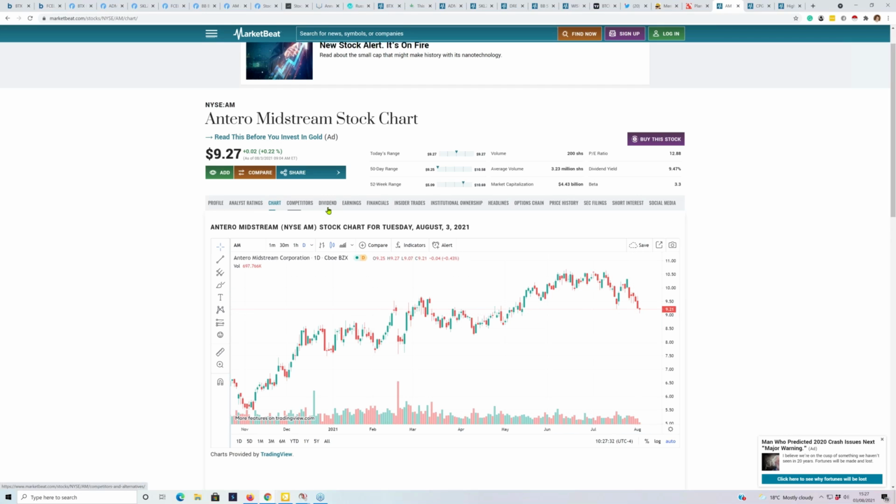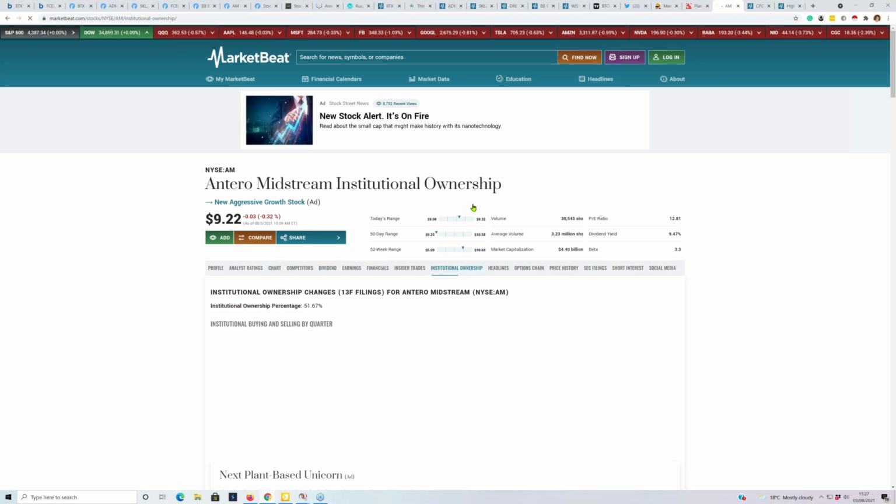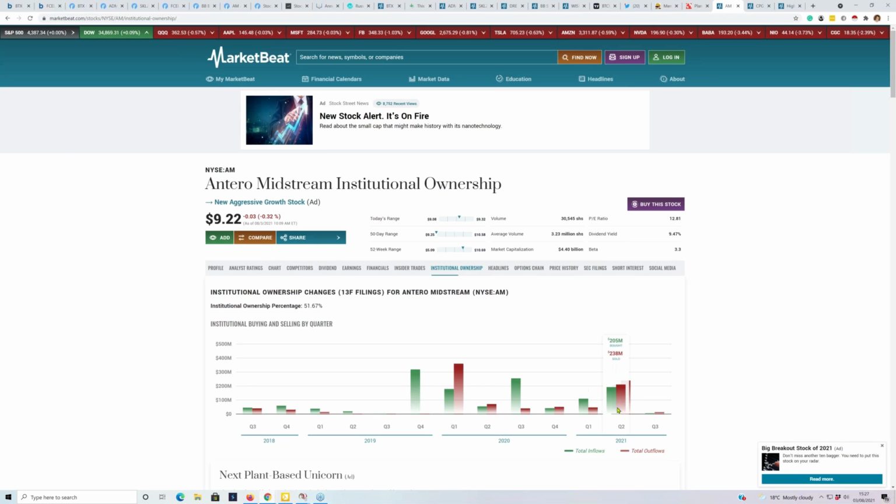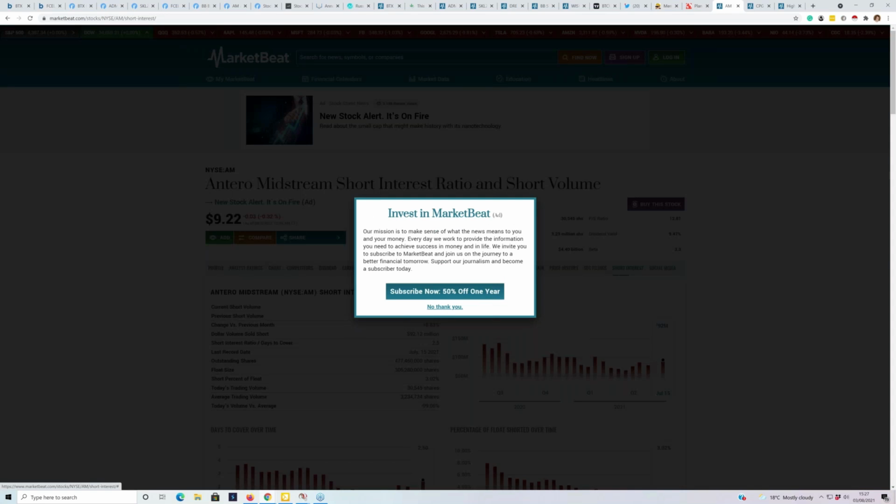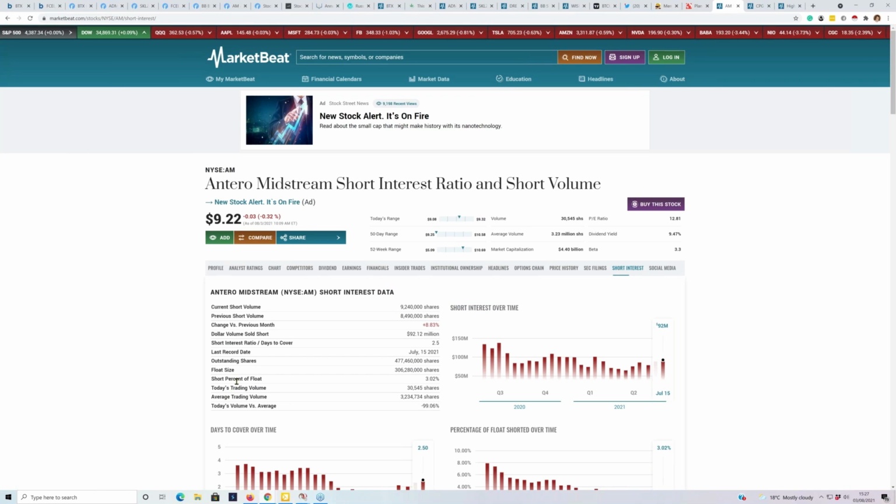And with Market Beat, you can do all your other research. You've got the institutional ownership. There's people been buying it. Well, this is the buying that came in on that V-shaped recovery. Look at the short interest: what percentage of the float is shorted? 3%.